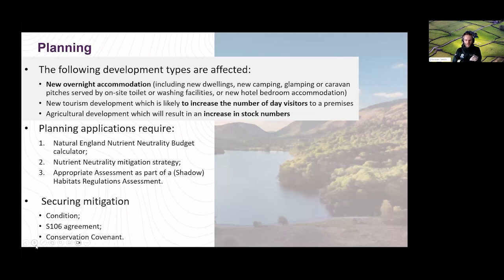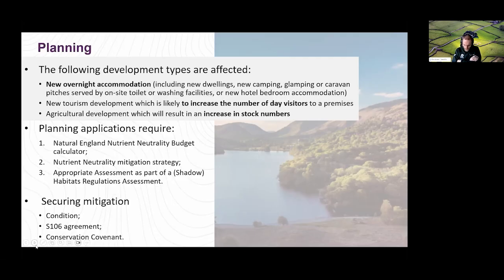Or if you're wanting to do an agricultural development that demonstrably is going to increase stock numbers, you're likely to be affected as well. And so applicants, house builders, whoever it might be, in these areas, they need to do a Natural England budget calculator. That's where they work out how much additional phosphate their proposed development is going to add into the catchment.